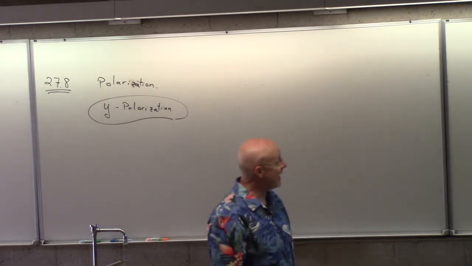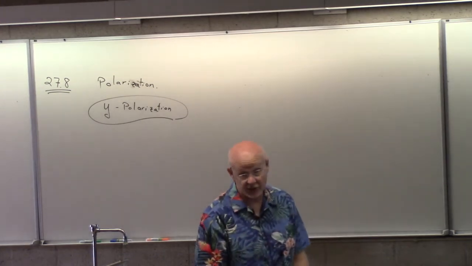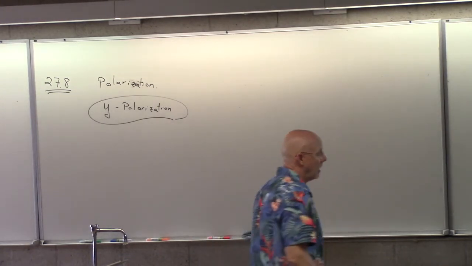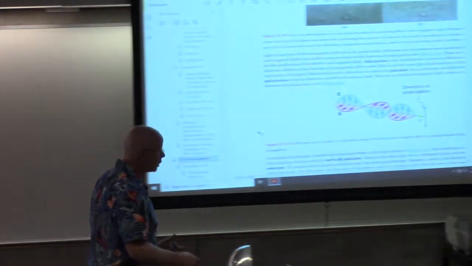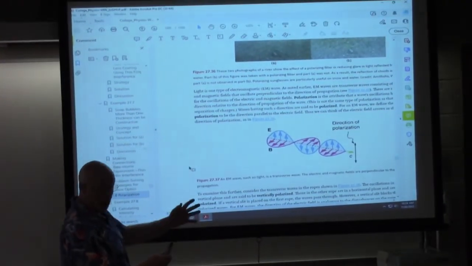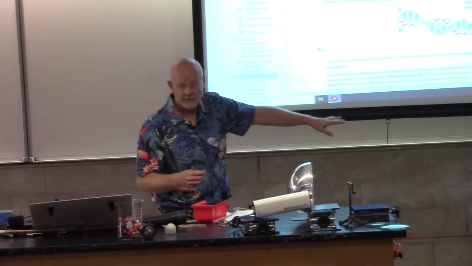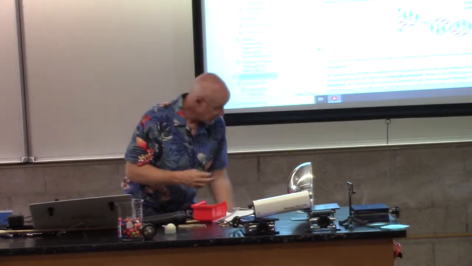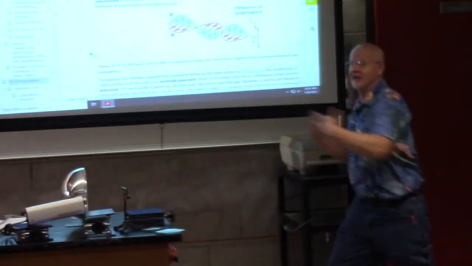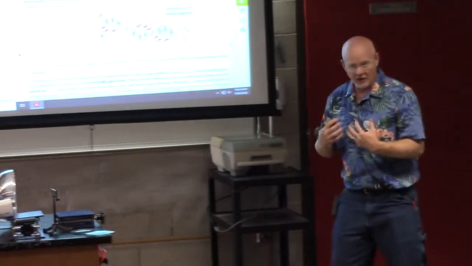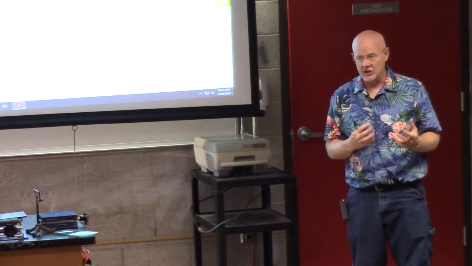Now, please understand, it doesn't have to be in the y direction. I don't have a good picture of this, but it could have been this way. It could have been that the electric field was in the z direction and the magnetic field in the y direction, and the energy still moving along in the x direction.